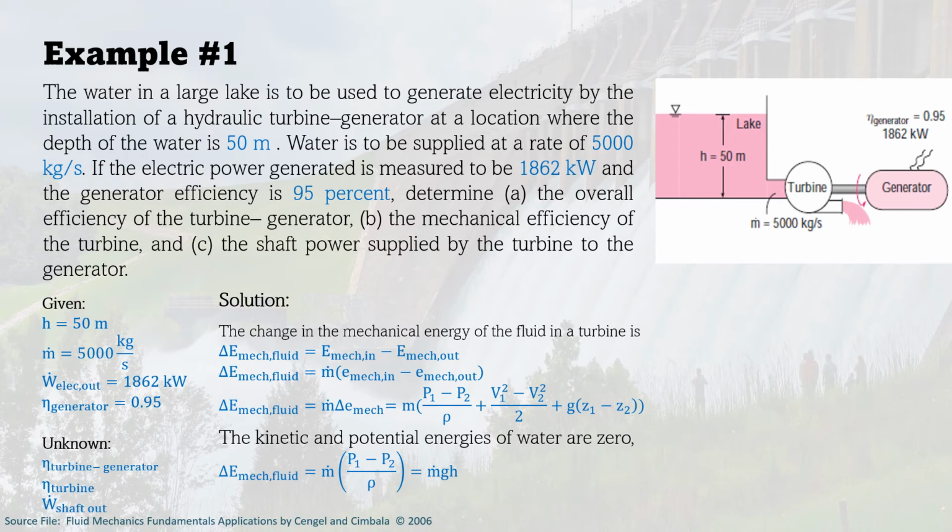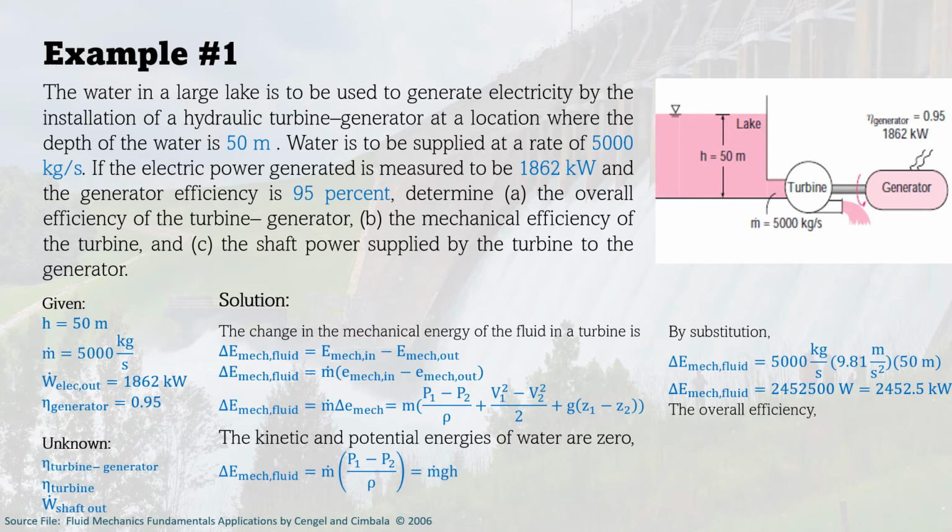Because if you can still remember, P1 minus P2 divided by rho is just equal to the gravity and the height. So by substitution, we have the change in mechanical energy of the fluid as 2,452,500 watt, or 2,452.5 kilowatt.